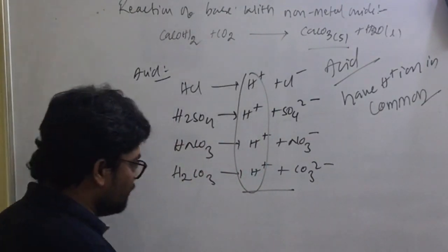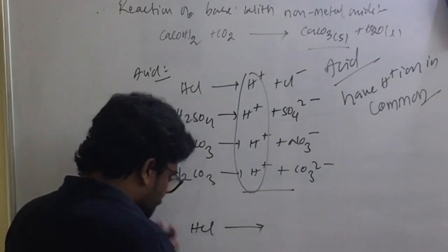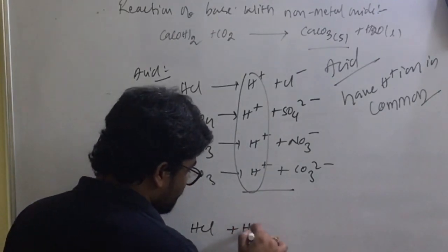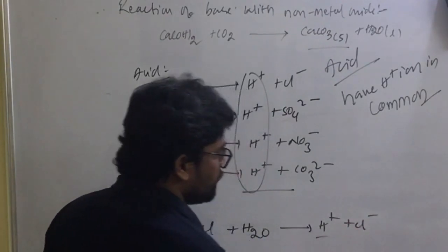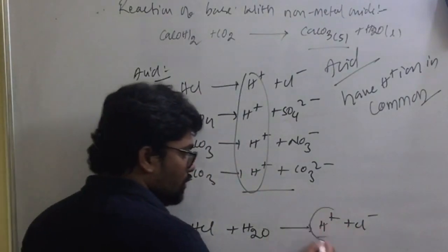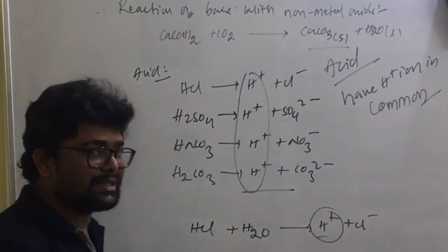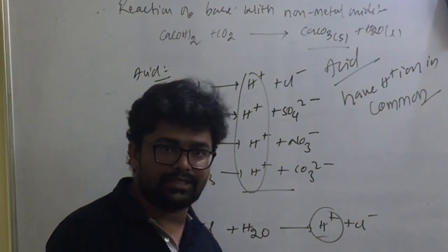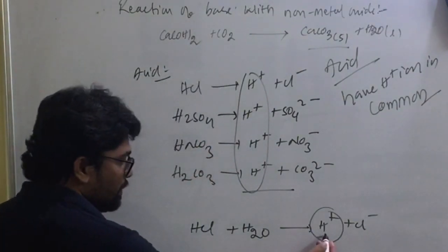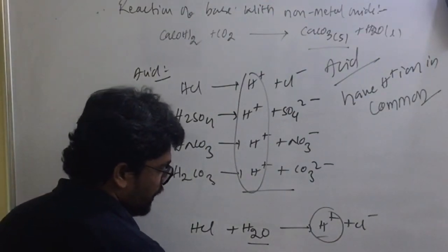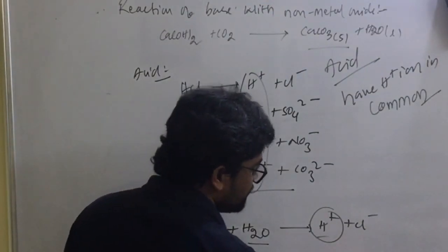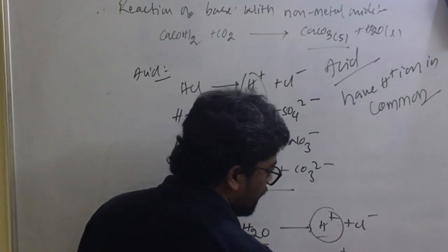For example, I'll take HCl. When it reacts with water, it releases H+ ions. Now this H+ ion does not remain as H+. It is unstable. This H+ ion combines with the water molecule and forms H3O+ ion.